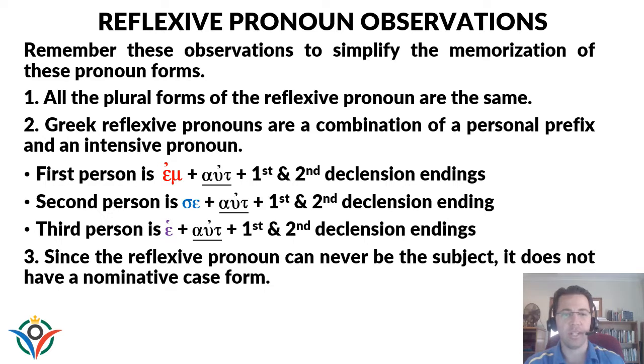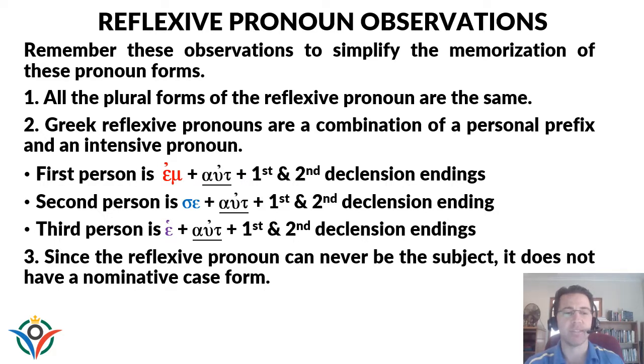Now, before I teach you the actual forms of the reflexive pronouns, I'd like to make you aware of some observations that will help to simplify memorizing the various reflexive pronoun forms. So the first observation that I want you to be aware of is that all the plural forms of the reflexive pronoun are the same.